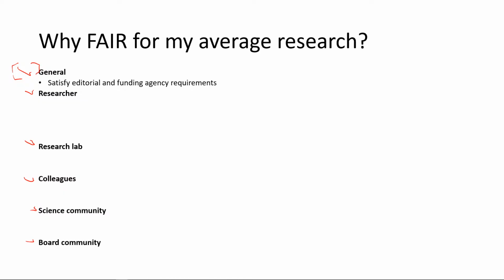For you as a researcher, FAIR is very important because if you are not FAIR, you might regret it later. I can tell you that most of us have passed through this experience. We did something, we had some data, we wrote something about it, and then we left it, and maybe after some time we went back to it because we needed to use it again for another project or a similar task.